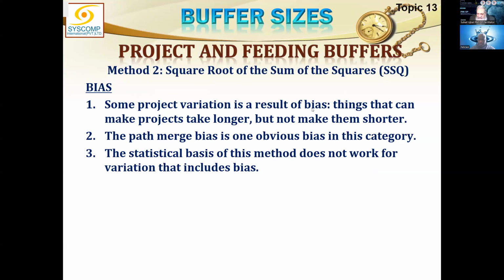These are things that can make projects take longer, but not make them shorter. That is the impact of bias. The path merge bias is one obvious bias in this category. The statistical basis of this method does not work for variation that includes biases.